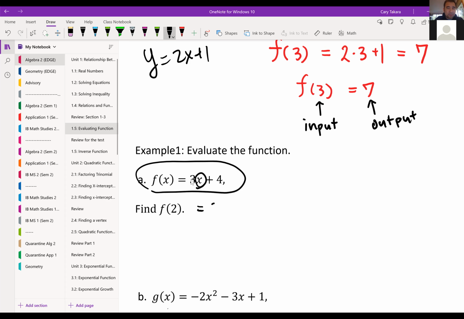So you've got 3 times 2 plus 4, which is, what is that? You get 10. And that's it. You don't need to rewrite it.